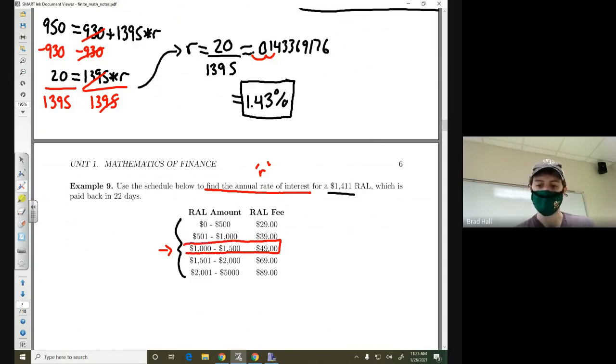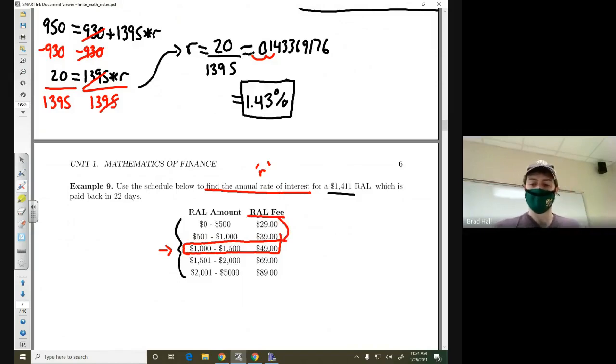So that's how you interpret this problem. It really breaks down easily once you understand that this is just a piecewise function. So all the other information is irrelevant. All we care about is that row, because we borrowed the amount of money that places us in that row. And for that, they instantly tell us the fee.